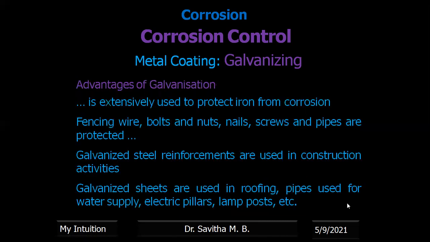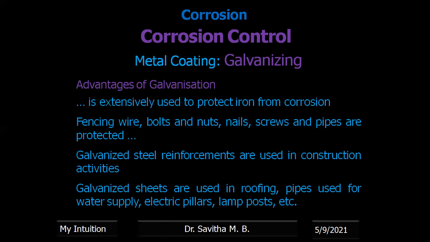So advantages of galvanizing: it is exclusively used to protect iron from corrosion, right? Examples you must have seen: the fencing wires, initially the bolts and nails. Generally the nails we were seeing, made up of iron, were undergoing corrosion very fast. Nowadays you can see the nuts, screws and all somewhat silvery in color.